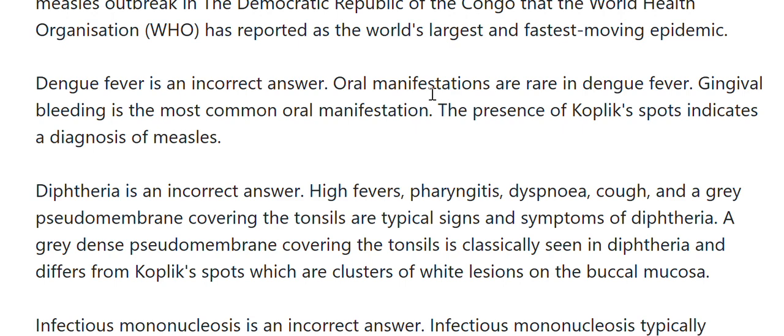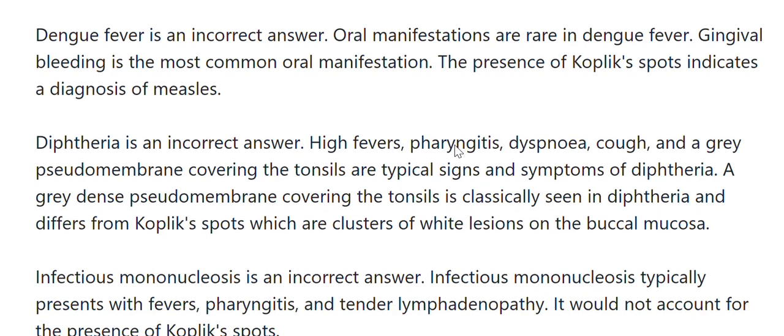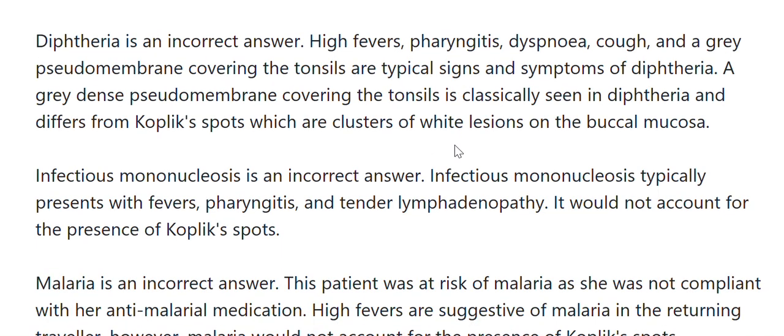Dengue fever is incorrect because oral manifestations are rare in dengue fever. Gingival bleeding is the most common oral manifestation. So Koplik spots indicate a diagnosis of measles. Diphtheria is an incorrect answer.